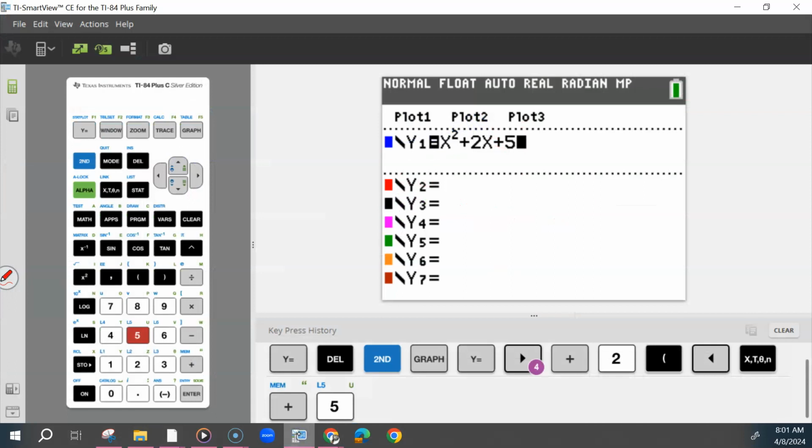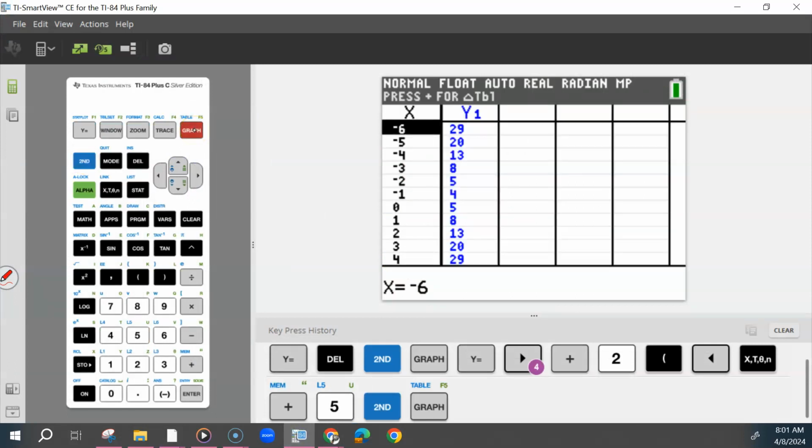And then go into your table and find your vertex. And then fill out the rest of the points.